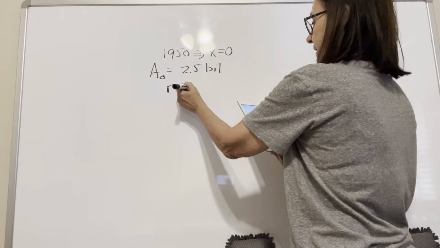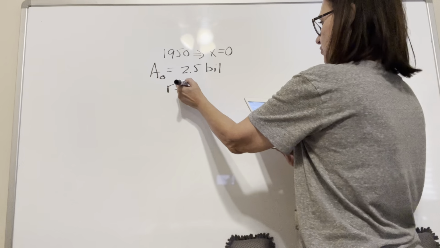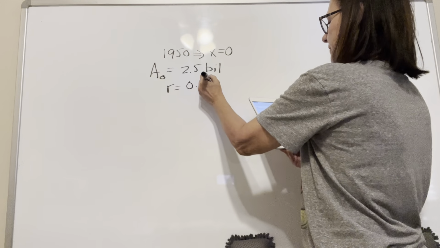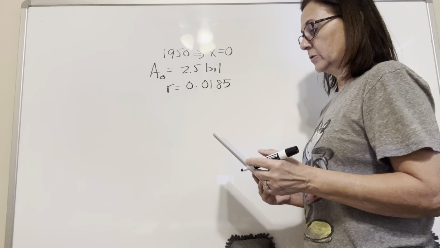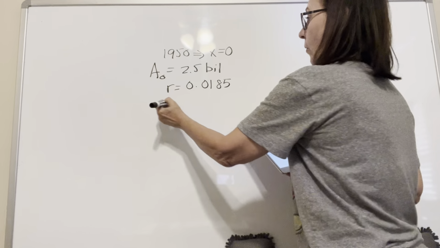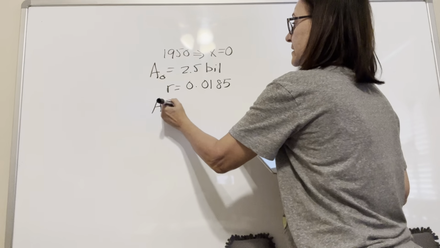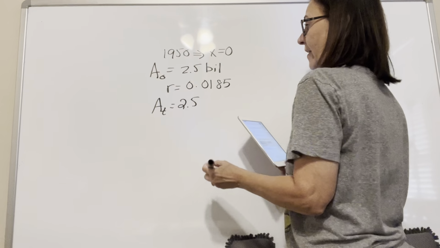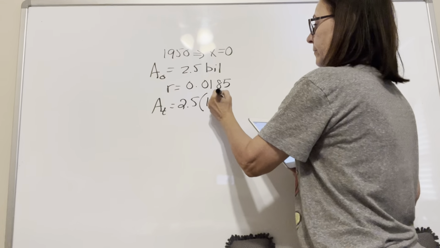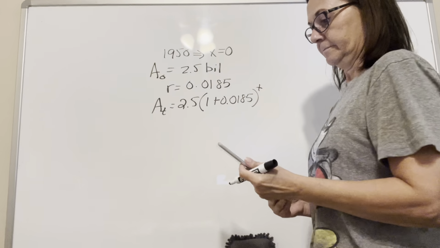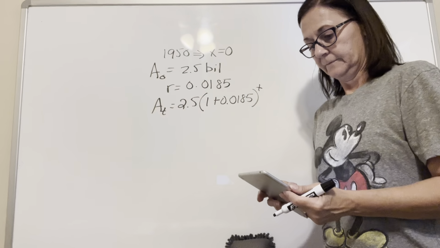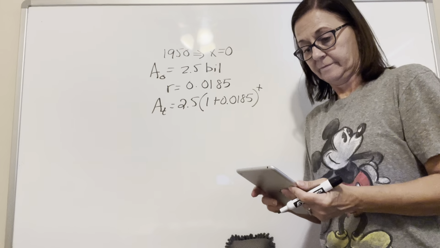So the rate is, I move the decimal place to the left twice, so it's 0.0185. Write a function that gives the world population. Well, the amount over time is going to be my original amount, 2.5 billion, times 1 plus the rate raised to time. Make sense?